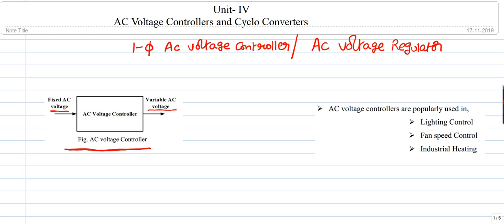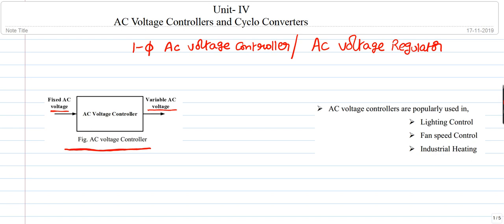So in the transformer, one level of input voltage is converted into another level of output voltage at constant frequency based upon its turns ratio. If you want variable voltage in the transformer, we require tap changings.